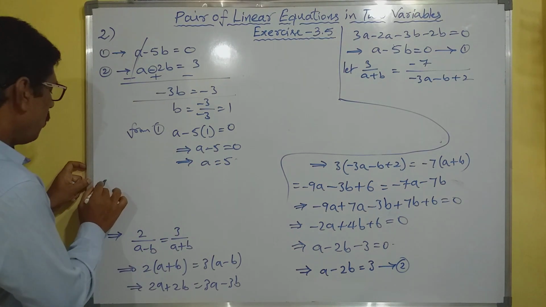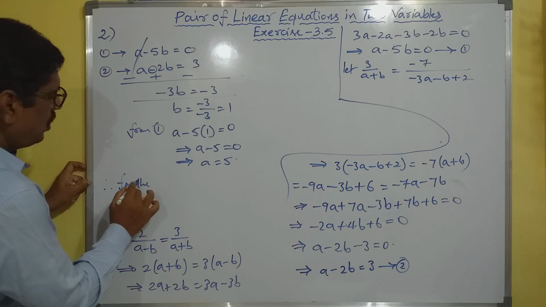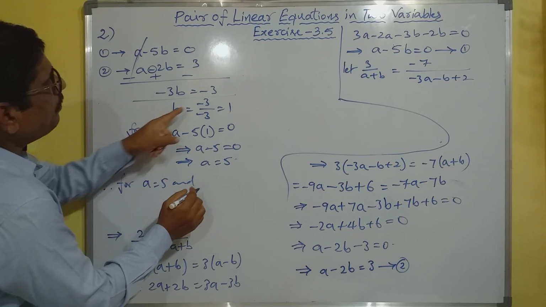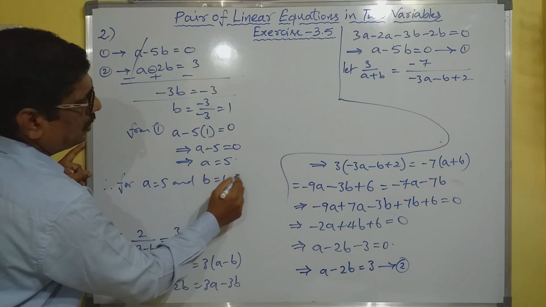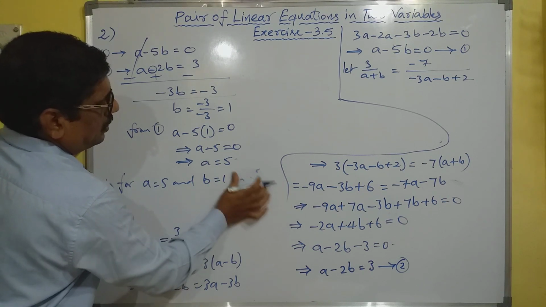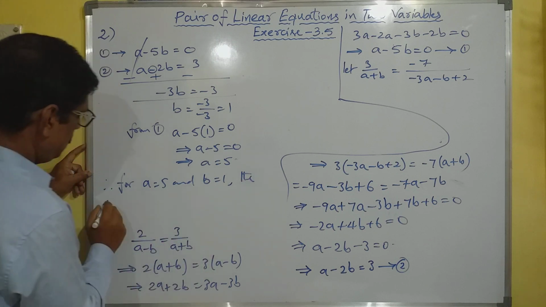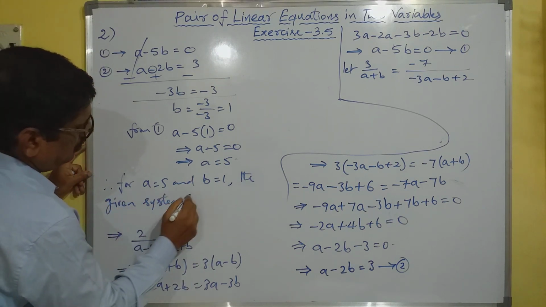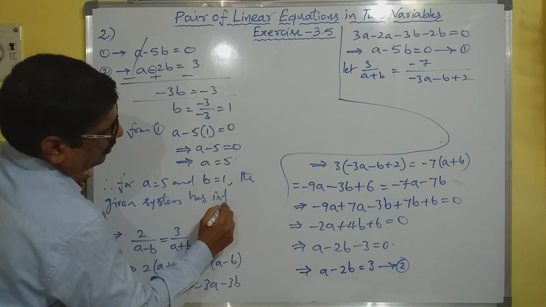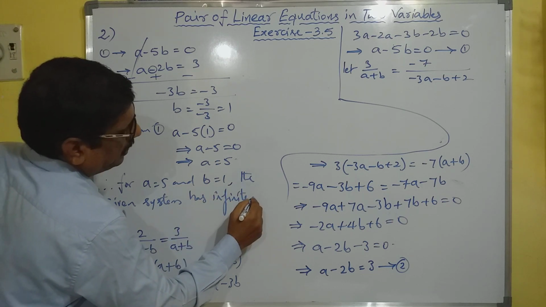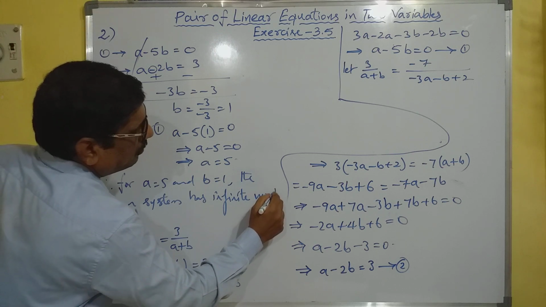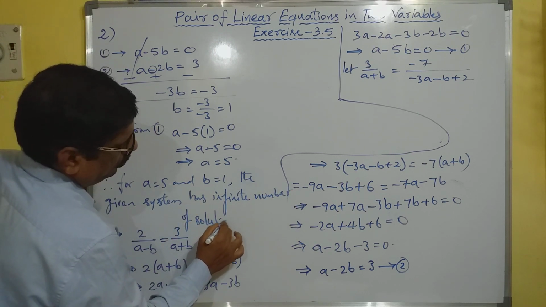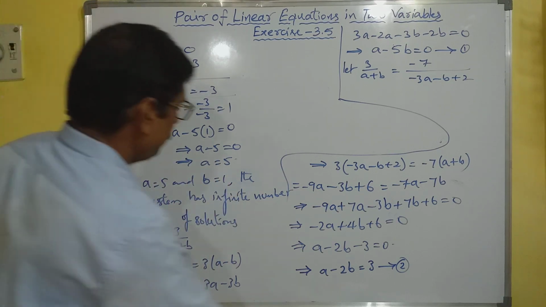Therefore, for A is equal to 5 and B is equal to 1, the given system has an infinite number of solutions.